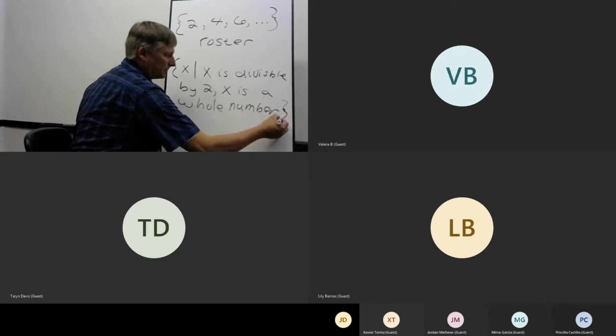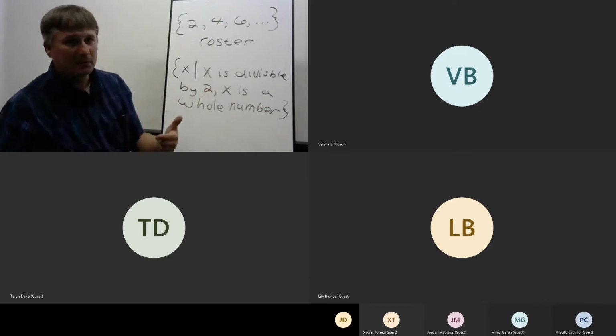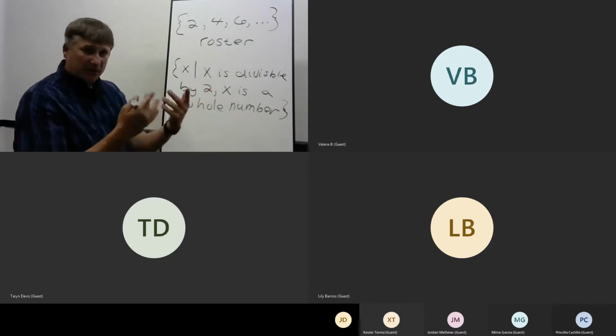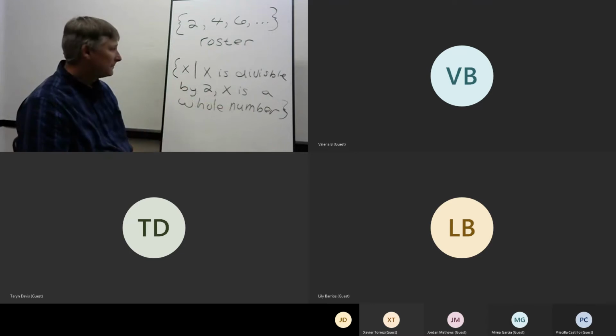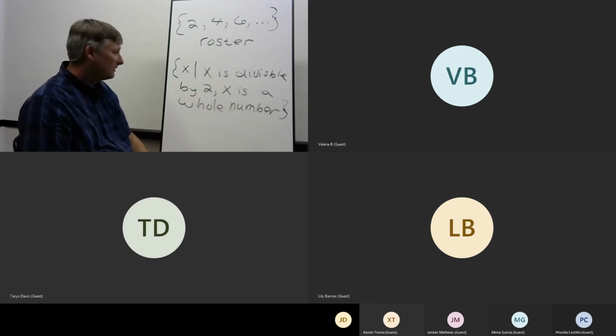Now, whole numbers are the numbers you count on your fingers, including the number 0 also. So x is one of these numbers you count on your fingers, or 0. And then we say x is divisible by 2. So there we go.